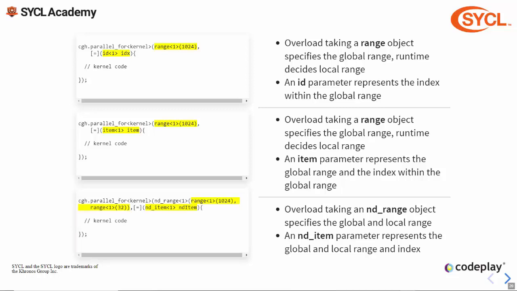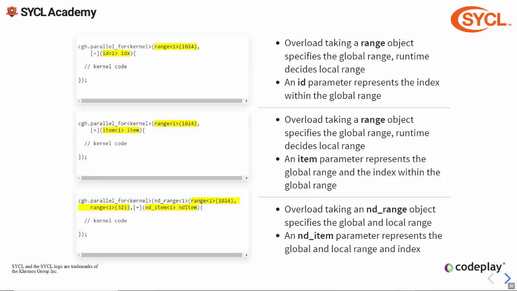The runtime still decides the local range, but the item object provides additional information. In addition to the global ID, it also provides the local ID, the global range, and the local range. This variant is useful for when you don't need to specify a specific local range, but the kernel function still needs to know what the local range is and the current work item's position in it.